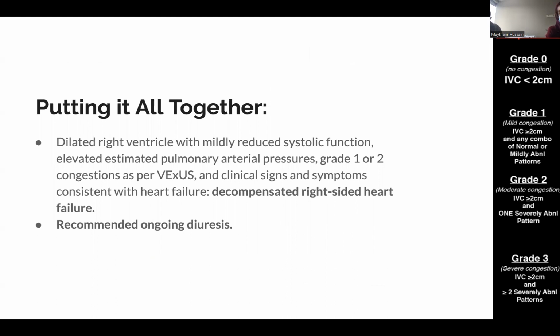And depending on how you grade his hepatic vein Doppler, either grade 1, or grade 2 for S wave reversal, a severely abnormal pattern, or you just grade it as indeterminate and essentially don't include it in the score, he has either grade 1 or 2 congestion as per his VExUS, and clinical signs and symptoms consistent with heart failure. So overall, we did think that his picture was concerning for decompensated right heart failure, and we recommended that the team continue ongoing diuresis.